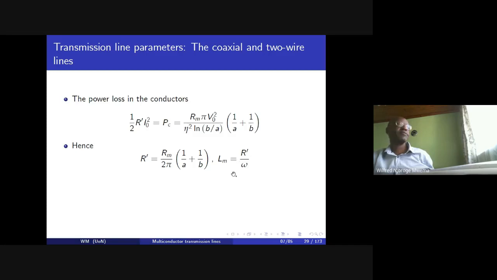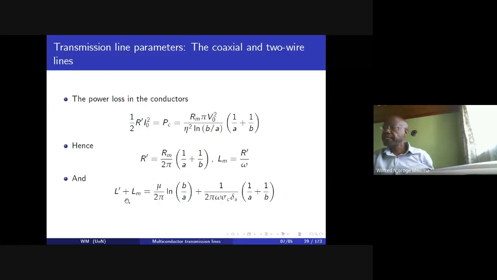So as the frequency increases, we can see that the internal impedance or the internal inductance decreases as well, and therefore can be ignored for those values. And the total inductance per unit length will be L prime plus that internal inductance, which is given by the external inductance per unit length, plus the value of the internal inductance there.